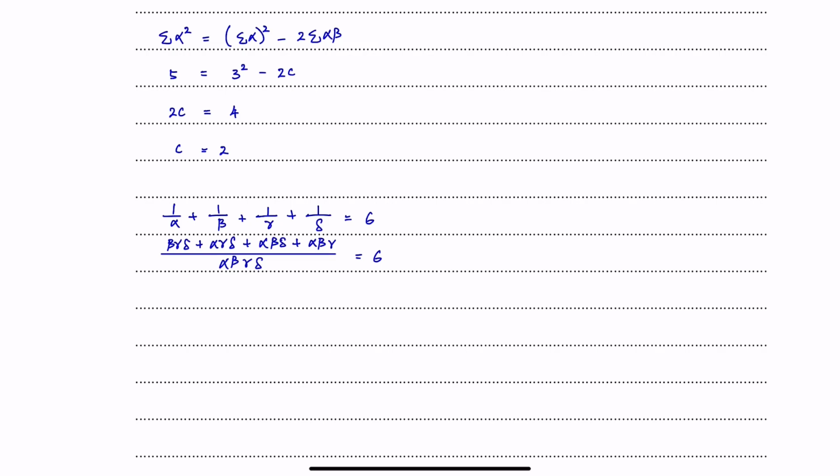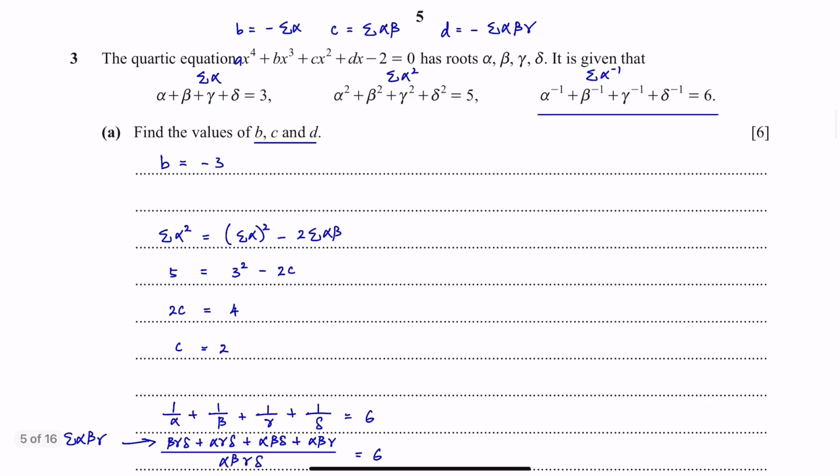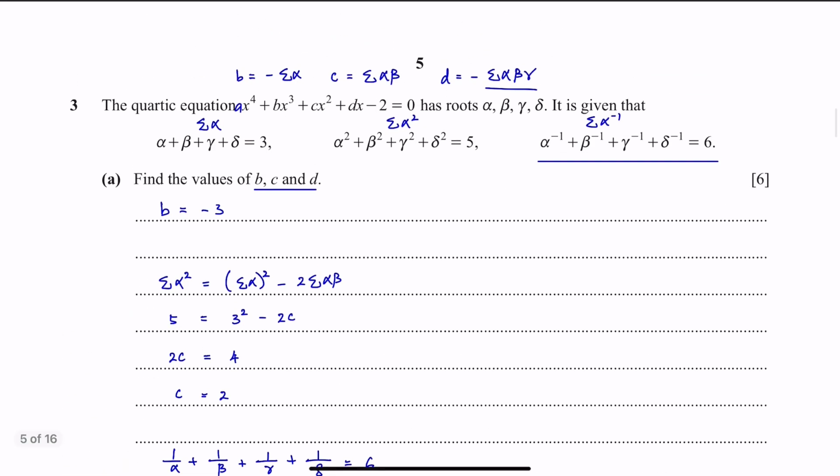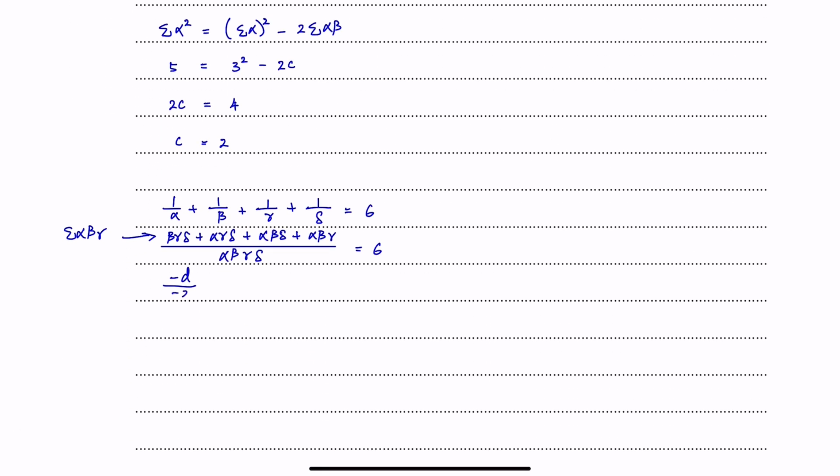So this is basically the sum of this. So this thing is basically minus d over the product of roots, which is this one, minus 2 equals to 6. So d is basically 12.